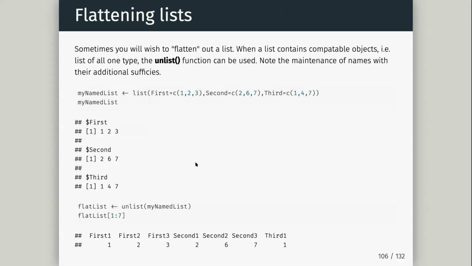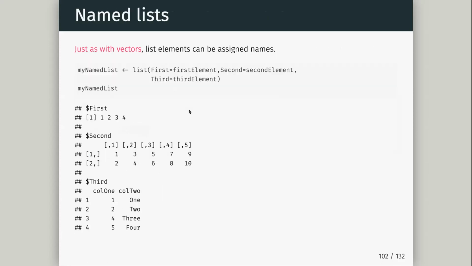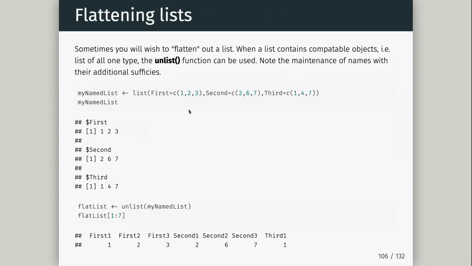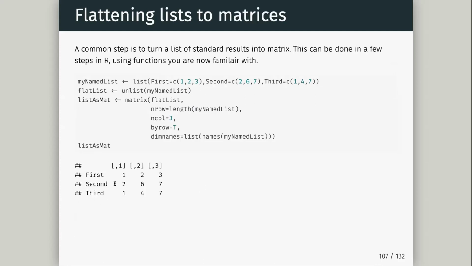So we can turn a list like this into a matrix fairly simply. The reason we'll do this, as you'll see later on, is when we're combining values across lists into one big matrix, maybe counts from RNA-seq, and then we can operate on this with all our matrix operations.